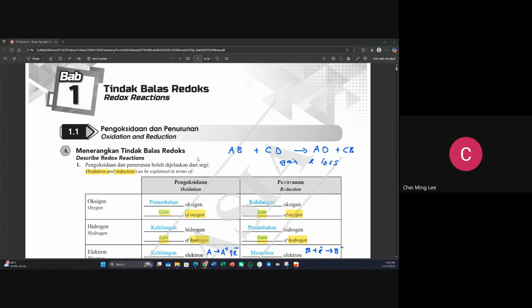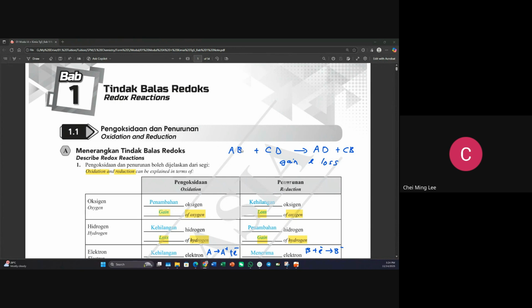So that's why, because you see in the process, when AB reacts with CD, it will become AD plus CB, where B and D shift. From here, you see when this one releases electron, one receives.